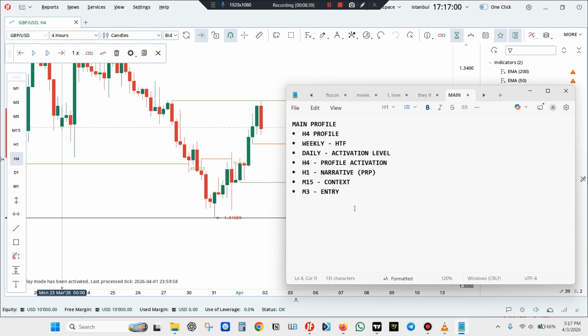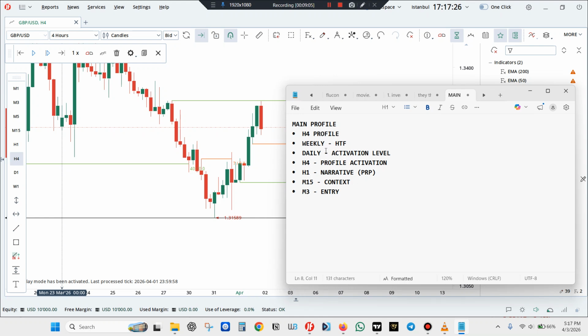You've not learned how to use the lot size calculator. But with H4 profile, the moment you have your entry activated, you have like 3 minutes to enter that trade. So it gives you some kind of preparation. 3 minutes is good for you to execute. Anyway, we treat H4 profile as our main profile.